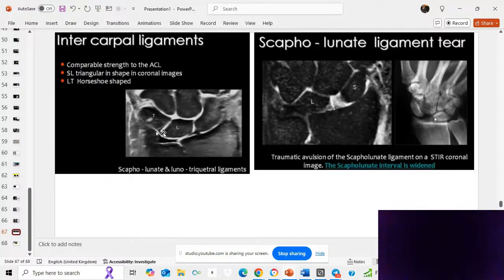The scapholunate ligament is triangular in shape, and the lunotriquetral ligament is horseshoe shaped, and they are intact here.